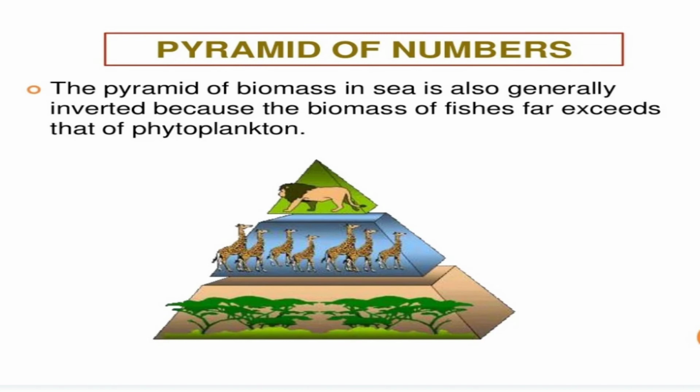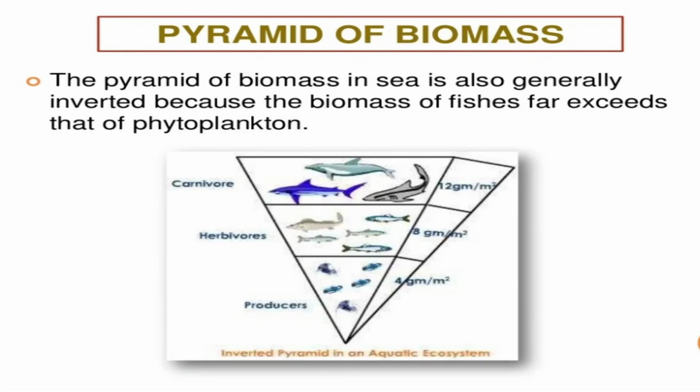The pyramids of number of species help in the comparative study of the diversity of the structure of food chains and food webs of different ecosystems, for example forest ecosystem, marine ecosystem, river ecosystem, lake ecosystem, etc. But these do not give any idea about the total biomass, the total weight of living organisms, because pyramids of number consider only the number of organisms and not their size.